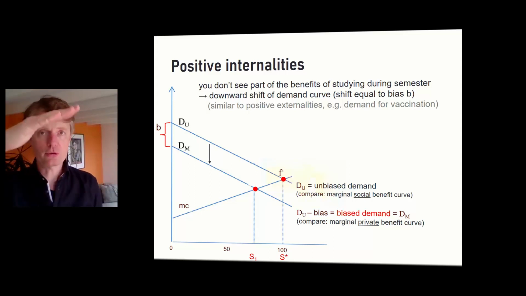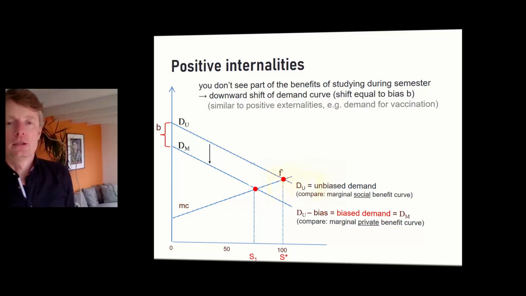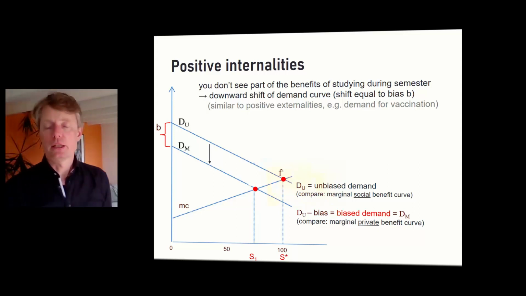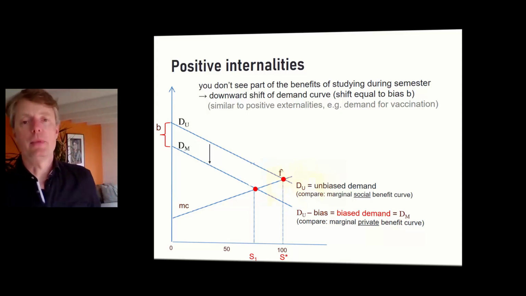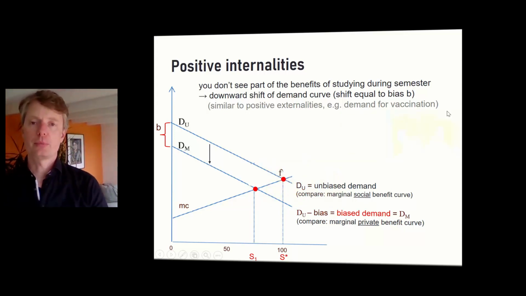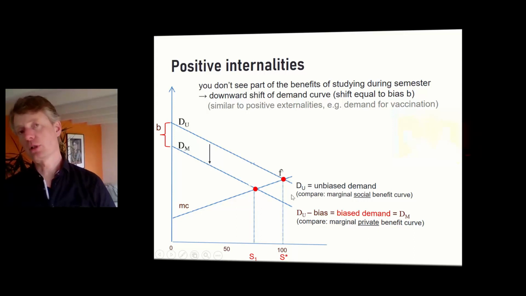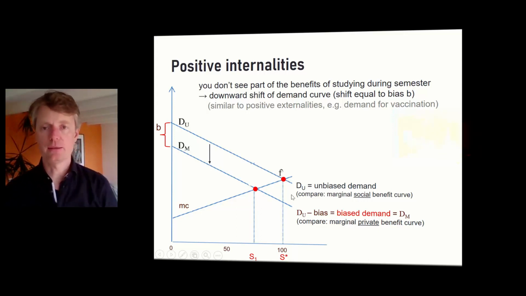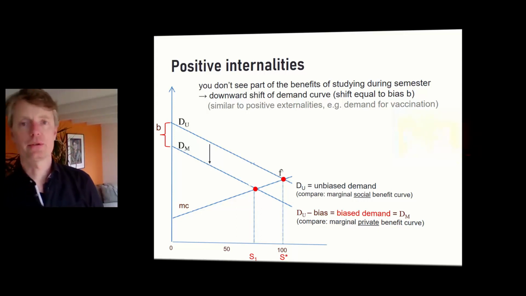So that the demand curve shifts by B. So then we have our biased demand curve. We already had the unbiased demand curve, where we take all the relevant benefits into account. But now we also have the biased demand curve, very similar to the marginal private benefit curve in the case of externalities.